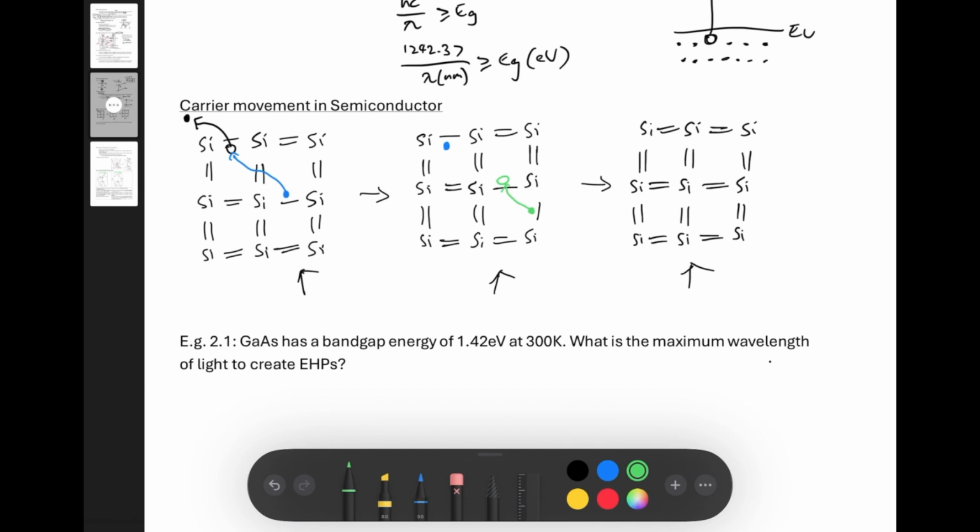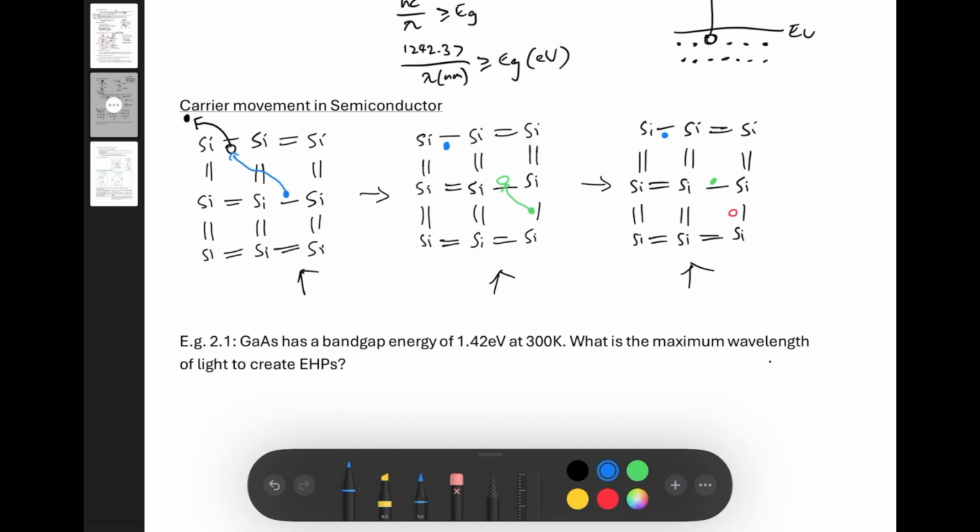So now again in the next instant, how does it look? It looks like this. So we have a green electron here, we have a hole here. I'm just going to color this hole red. And then obviously this point here just now was blue.